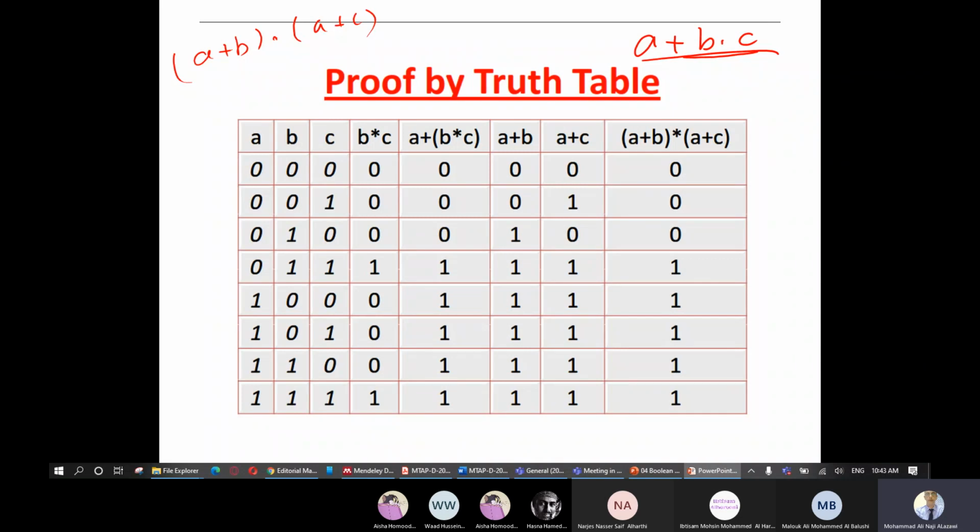So I'll start first. I'll create the truth table and put all the inputs. A, B, C, 0, 0, 0, and again I want you to remember this 1, 2, and 4.